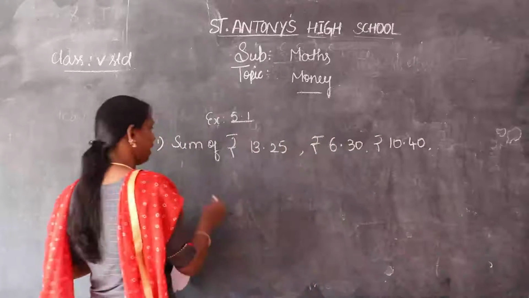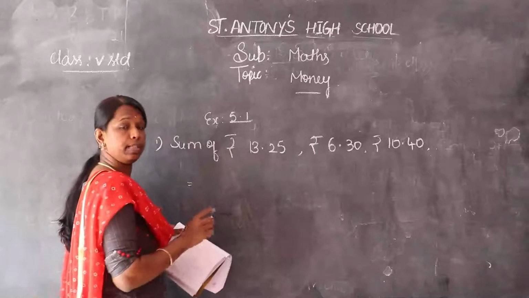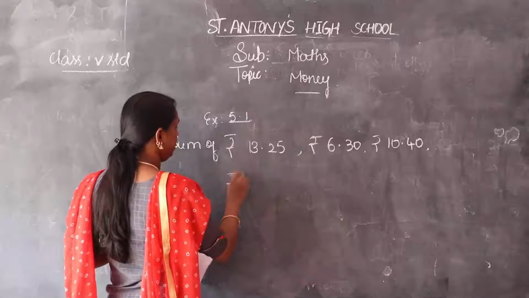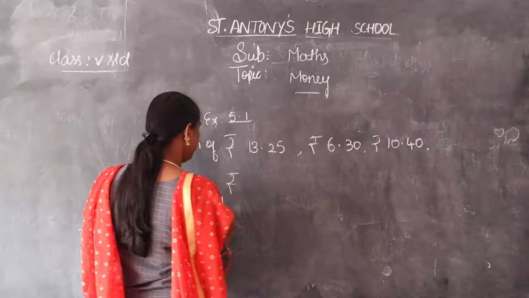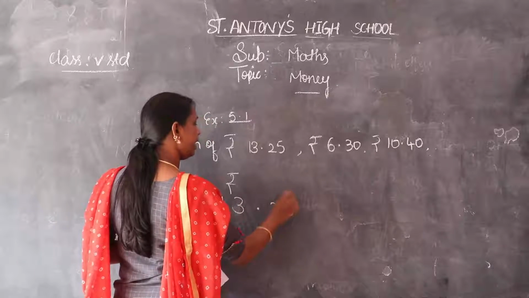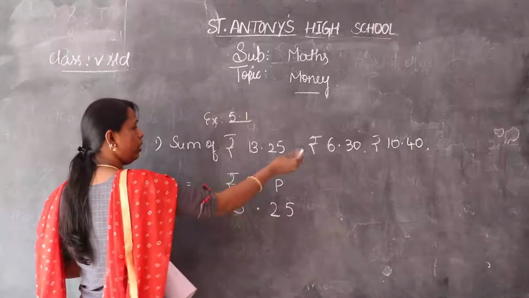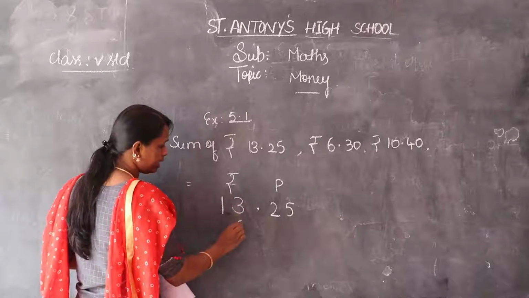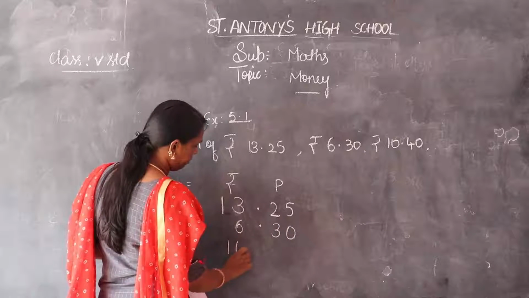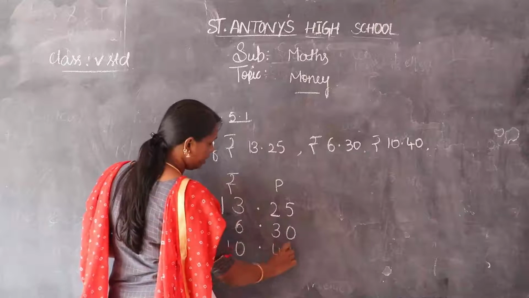Next, write down the total. Sum means what? What do we have to do? Addition. Write down the rupees symbol above. Write down 13.25, here write down the paisa symbol. Below that we have to write 6.30, and then 10.40.